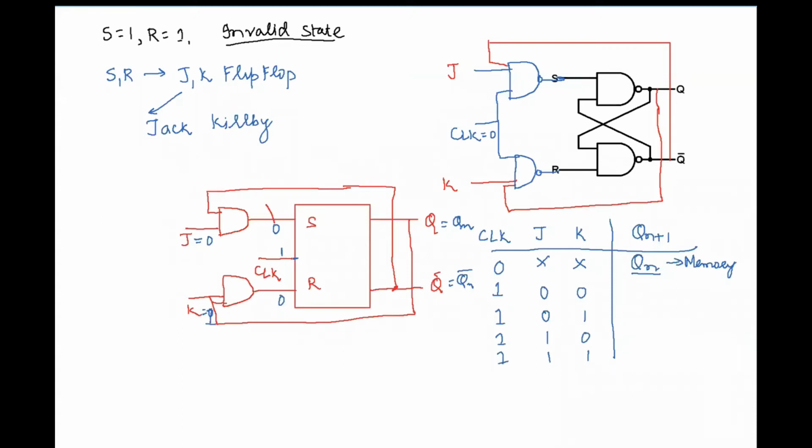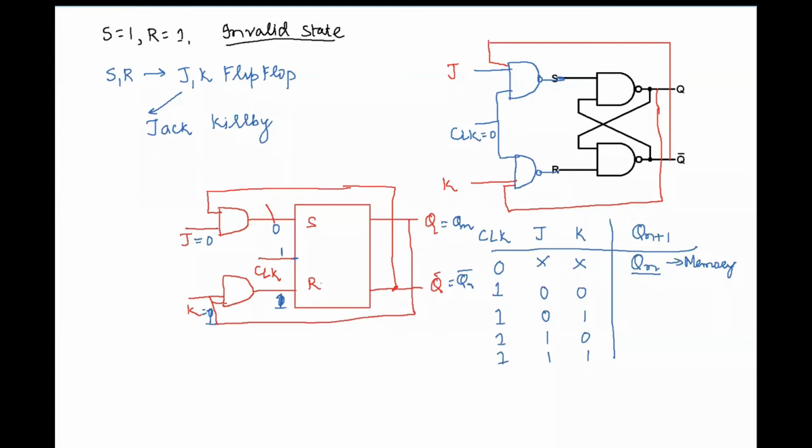Now the second case, when J is equal to 0 and K is equal to 1 and the clock is 1. What will it give you? It will give you this as 1.